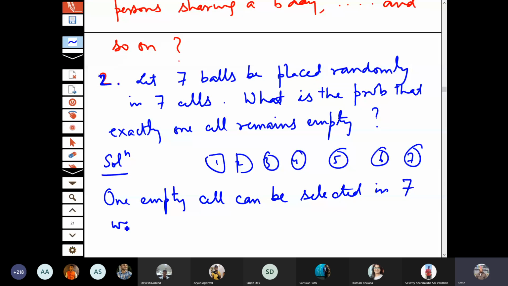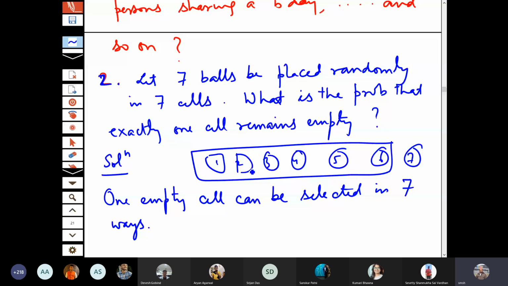And if you are placing 7 balls in 6 cells, suppose this one is empty, and all of these cells are not empty.